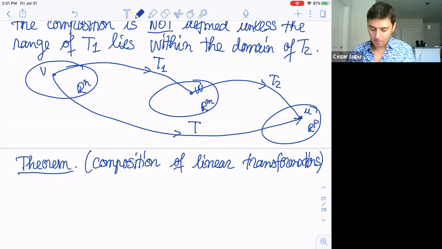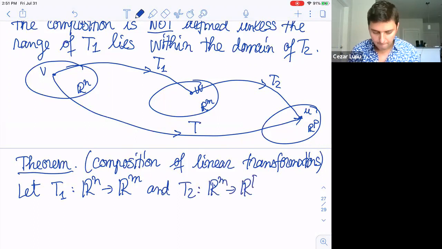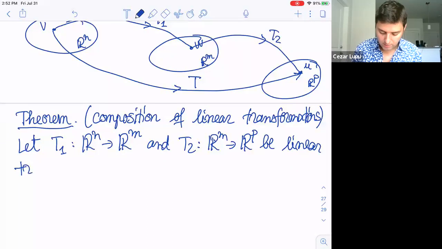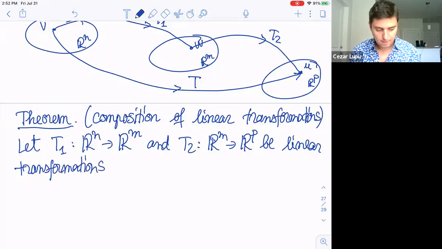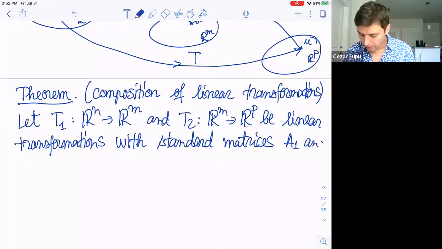Okay, so we'll consider T1 from Rn to Rm and T2 from Rm to Rp be linear transformations with standard matrices A1 and A2.